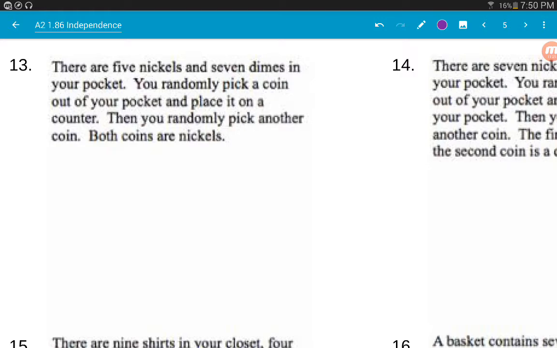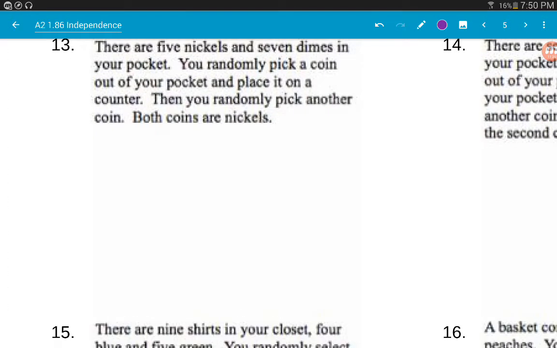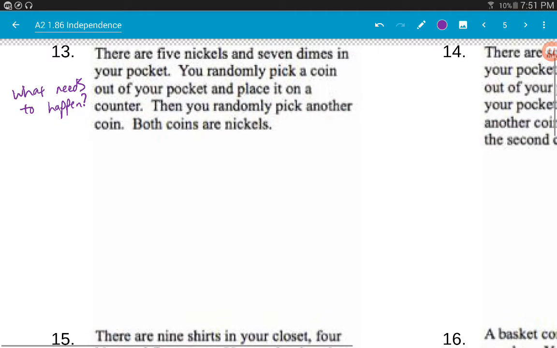Like if I'm the person facilitating this scenario, if I'm the person who's pulling coins out of his pocket, what do I need to get? What needs to happen in this scenario? So we're going to start off with that question. What needs to happen? So let's read this.